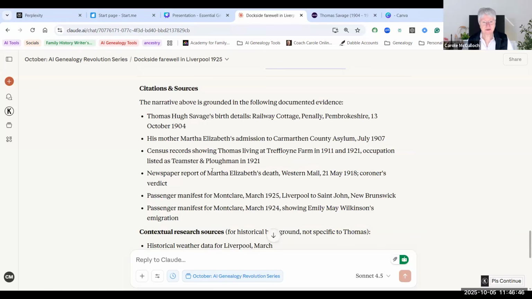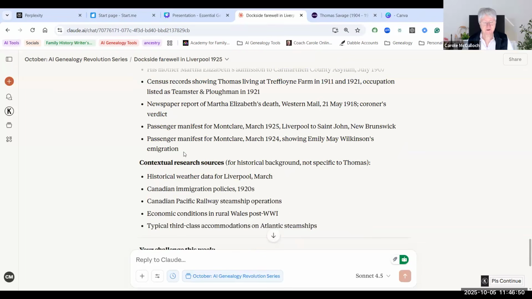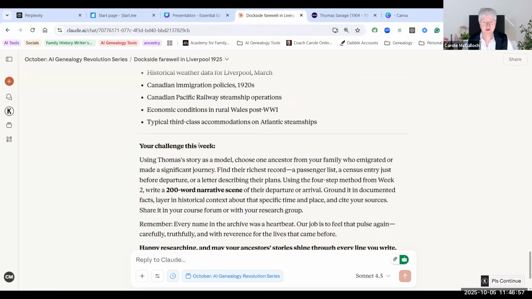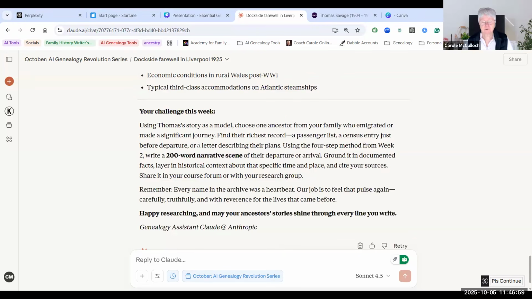So then it gives me citations and sources, contextual research sources, and then a suggested challenge, which is what I ask for you to do. You could use this Thomas story as a model. Choose one ancestor from your family who emigrated or made a significant journey.